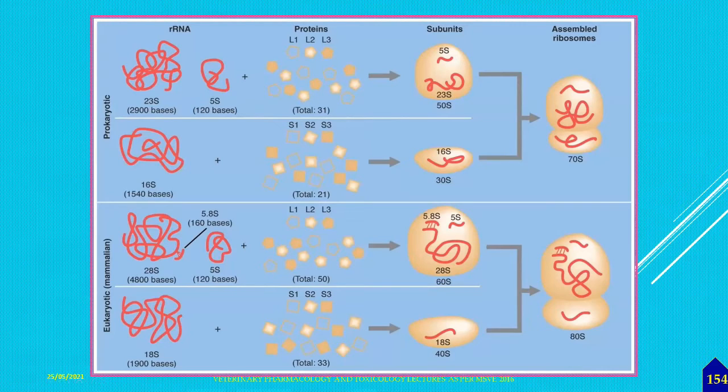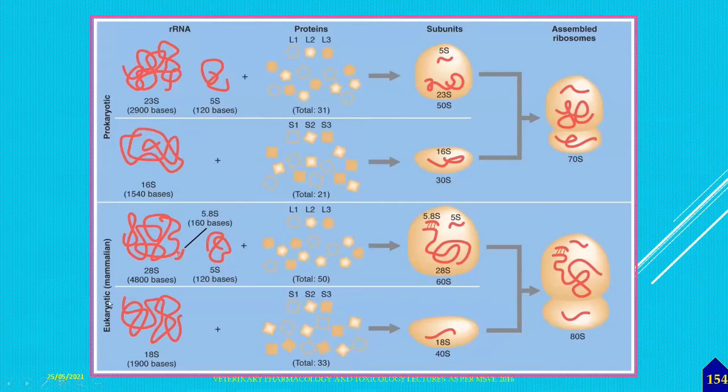Totally, 31 proteins will be there, and they will form the 50S subunit. Whereas the 30S subunit is formed by the combination of the 16S RNA, especially 1540 bases, then 21 proteins. So this ultimately is going to form the 70S ribosome. So this is the assembled unit.